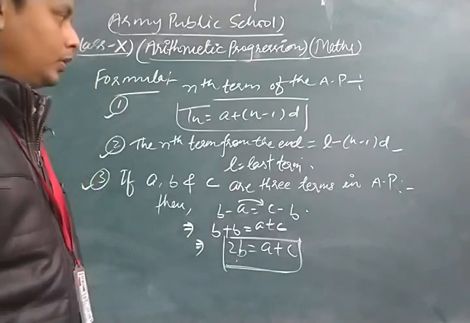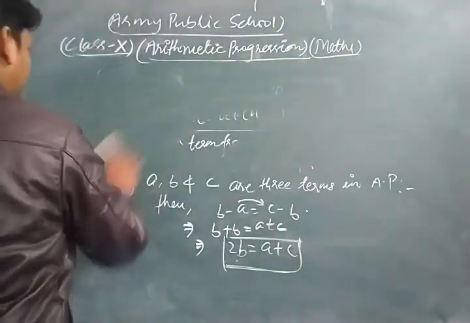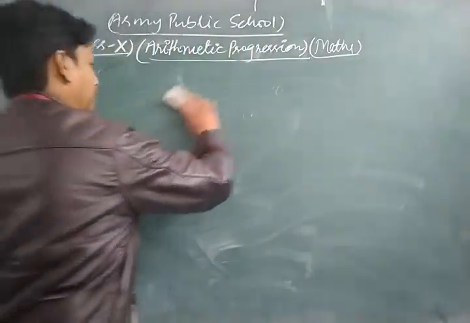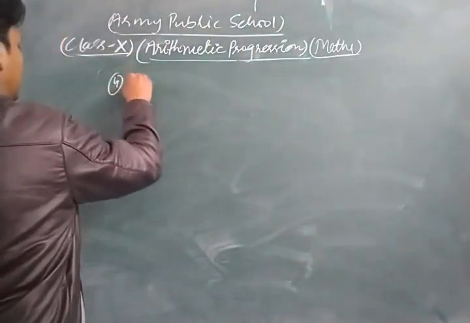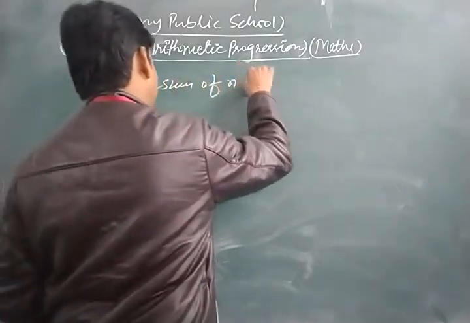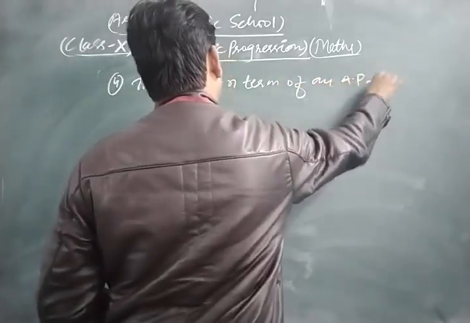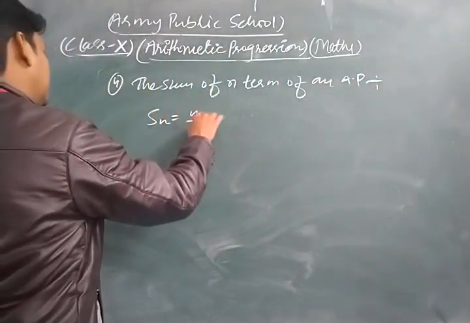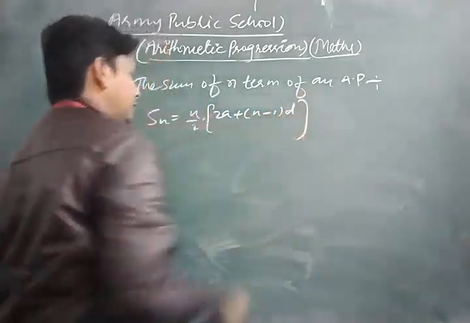Okay, now look, the next one, the fourth one, is the sum of n terms of an AP. Yes, friends, the sum of n terms of an AP will be n by 2 in bracket 2a plus (n minus 1) into d.